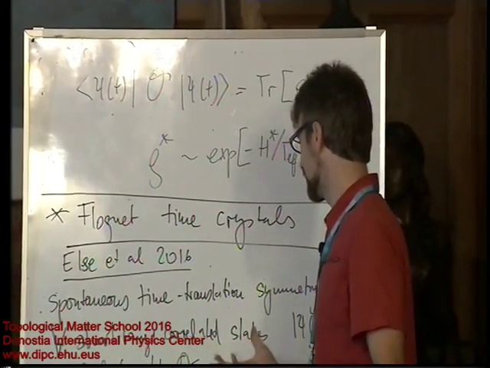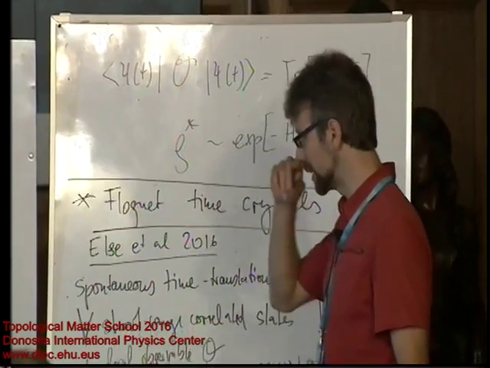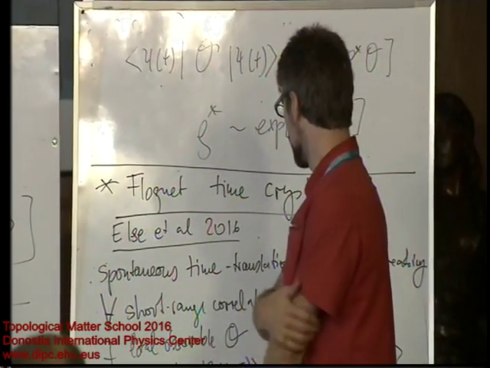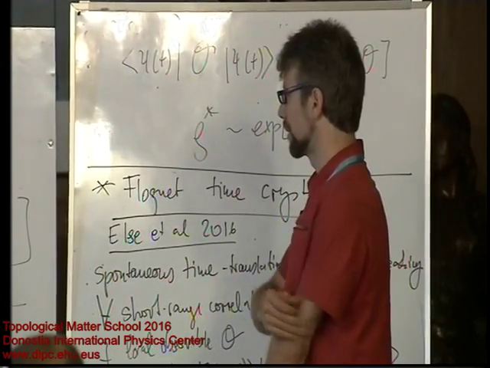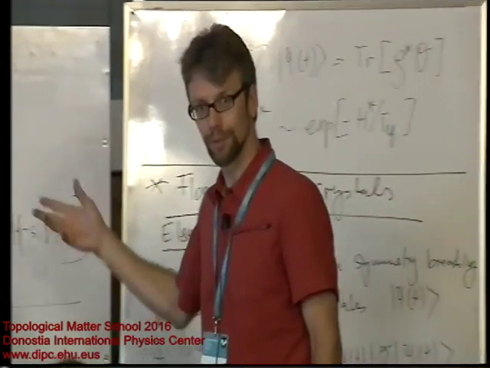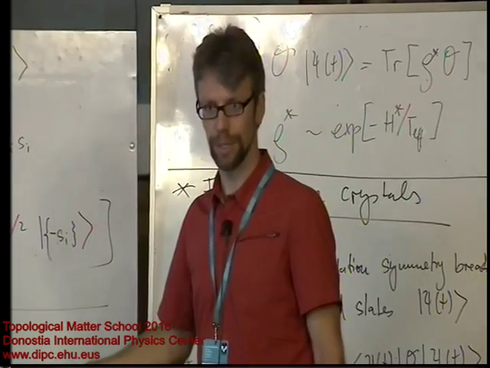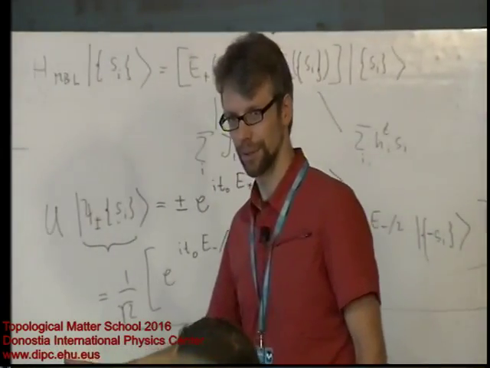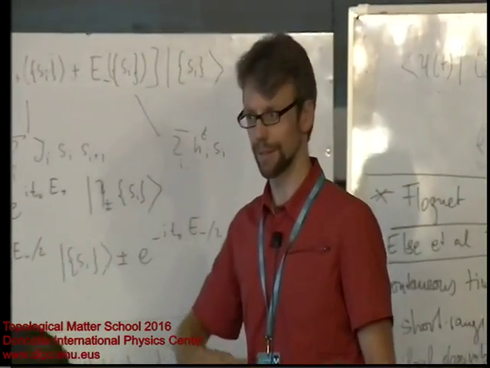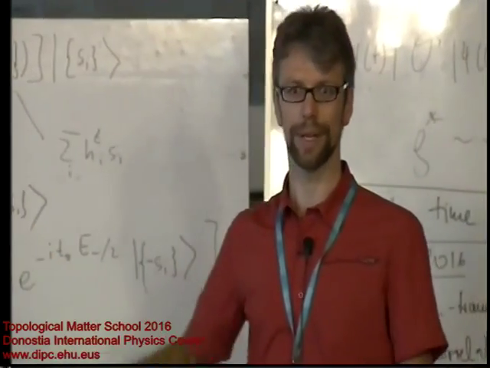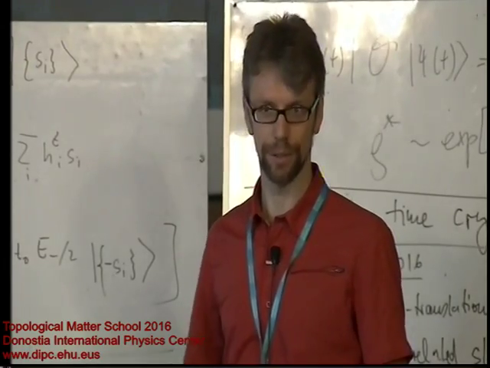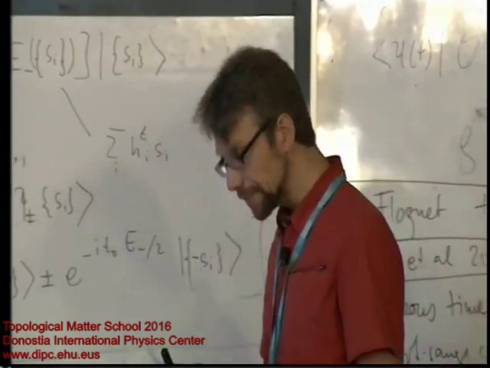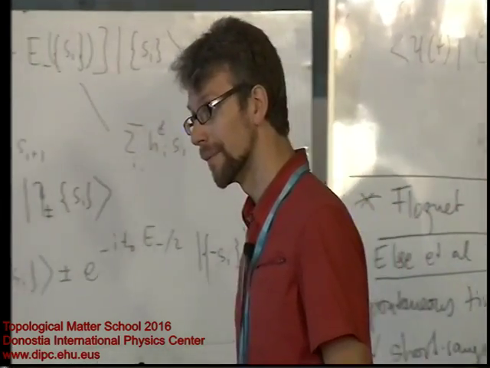So basically, this means that this system does break spontaneously the time translational symmetry, because all the eigenstates of the Floquet unitary are not short-range correlated, or if I think about it in the reverse way, every short-range correlated state has to be decomposed into eigenstates with different eigenvalues in the Floquet unitary. Where did you use the fact that it's many-body?